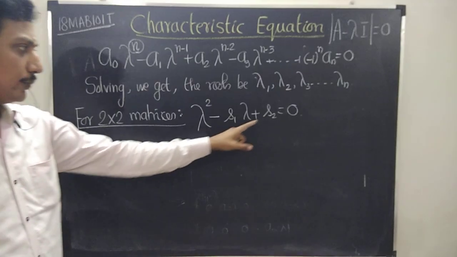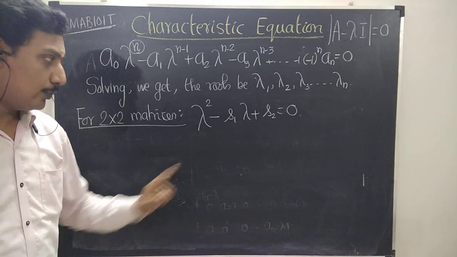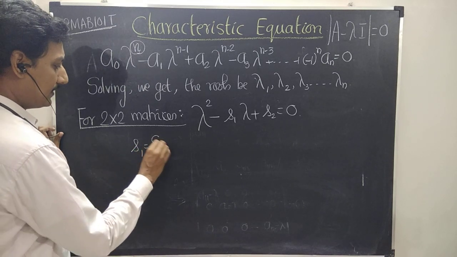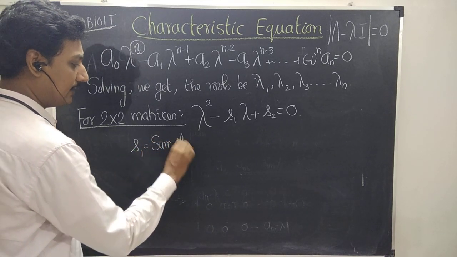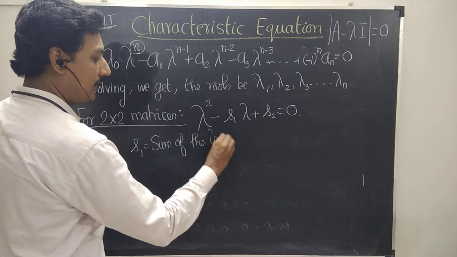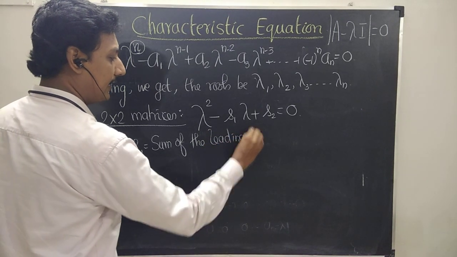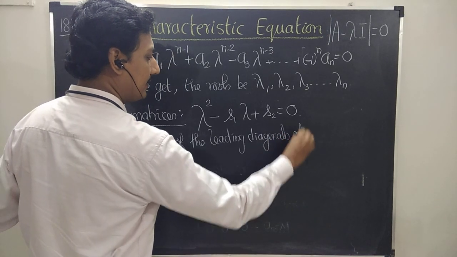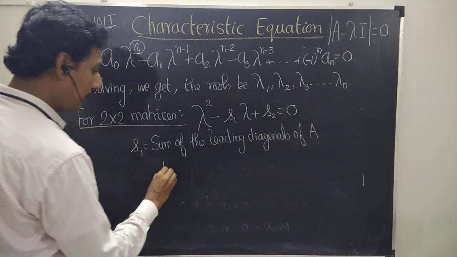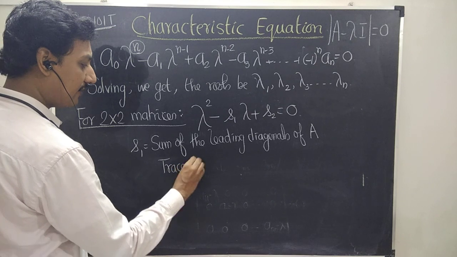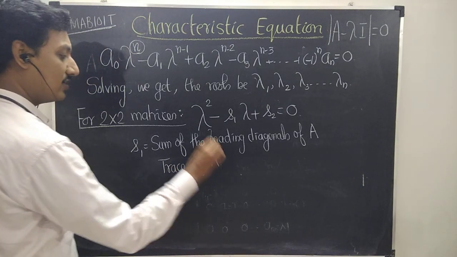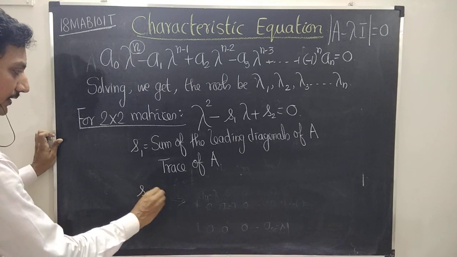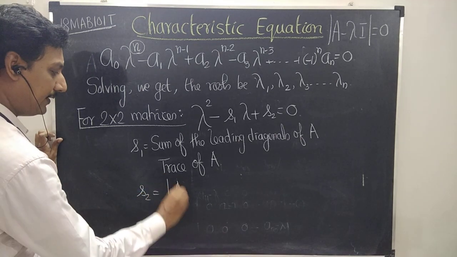What about S1 and S2? S1 is the sum of the leading diagonal elements of A, also known as the trace of A. S2 represents the determinant of A.